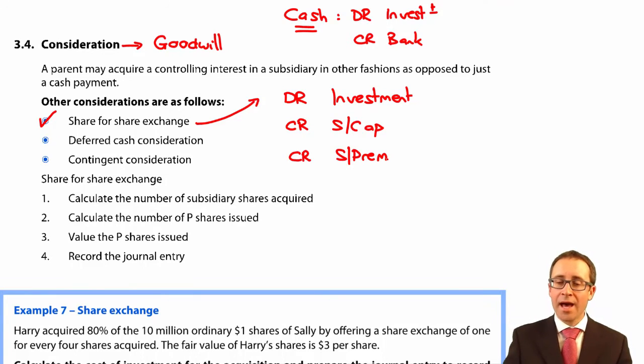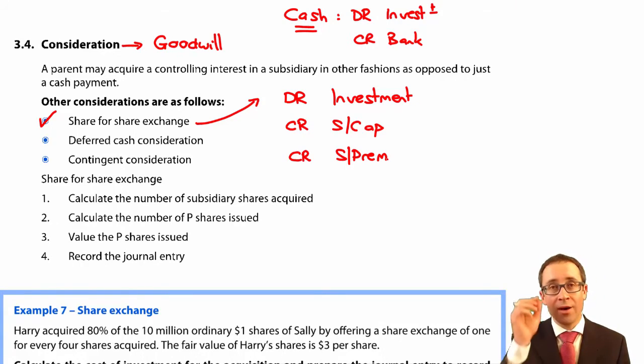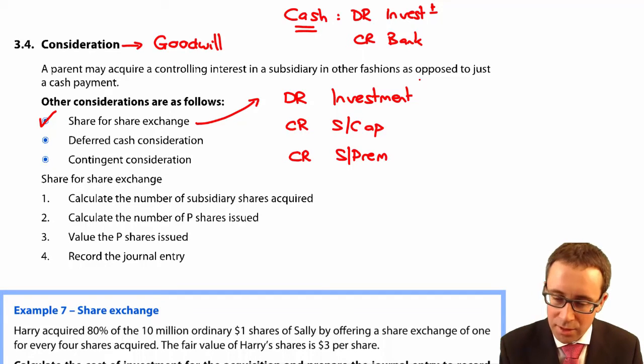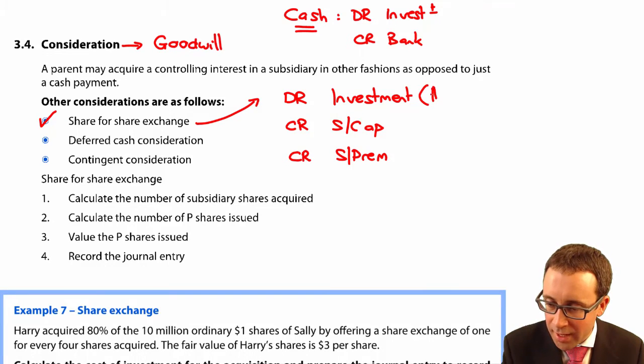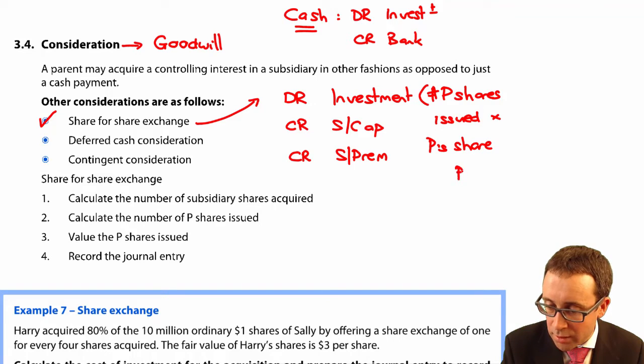Again, how do we work out that debit to the investment? Well, that's going to be the number of P shares issued multiplied by P's share price.